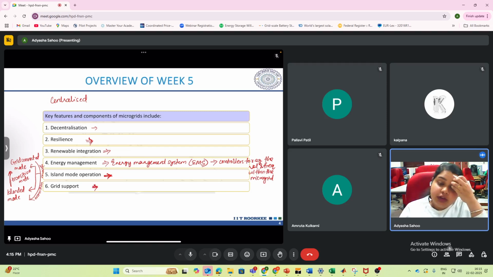Basically, since you have flexible generation and battery energy storage with you, now you can provide various services to the main grid because you have flexibility with you now that you can variably change your demand or your generation to match the requirements of the grid.